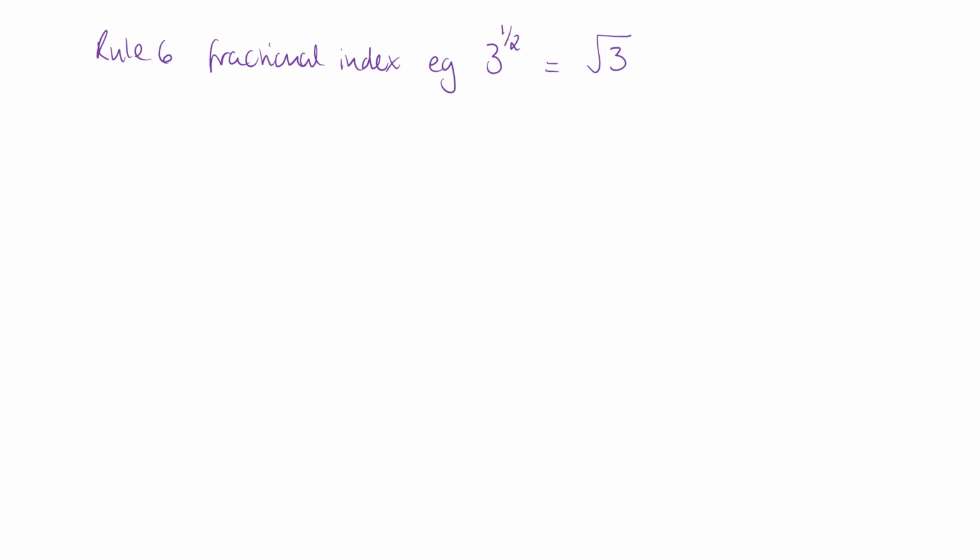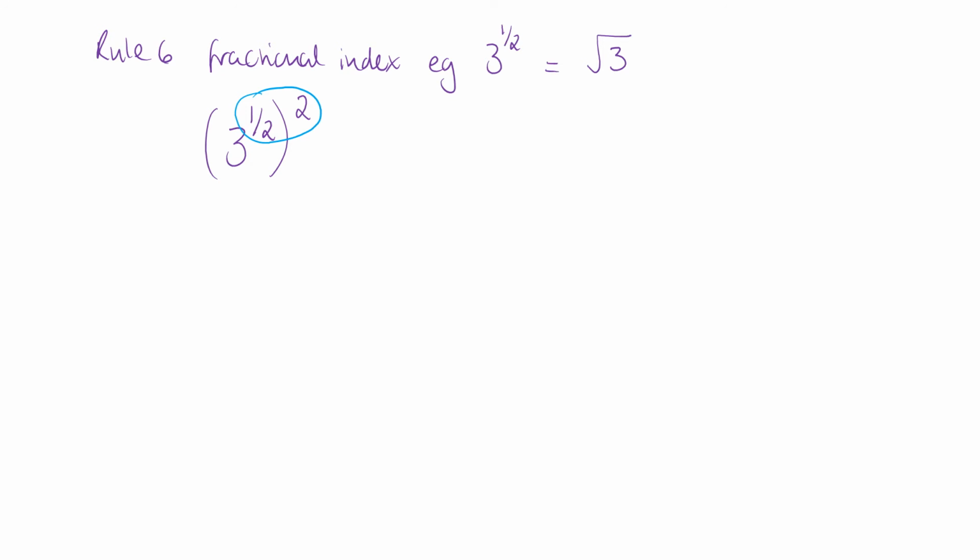So how we're going to explain this? If I had 3 to the half and using rule number 3, I raised it to a power of 2 and squared it. Rule number 3 tells us that we're going to multiply those two powers.